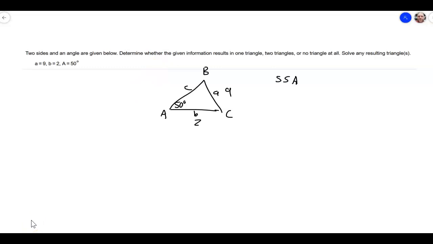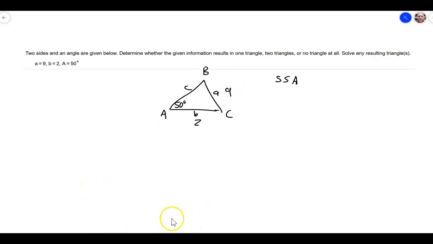Depending on the length of the sides and the measure of the angle, we can either have no triangles, one triangle, or in some cases, two triangles. It really depends on these lengths and measurements, and it's hard to show you how, but I'm going to try to do it the best that I can.